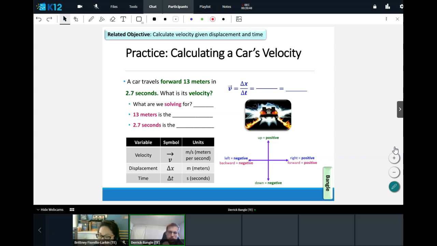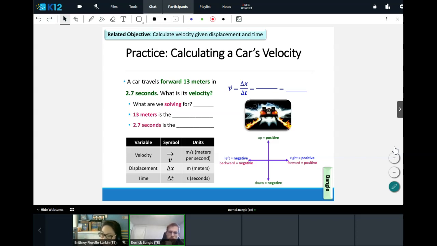Excellent. Thank you, Lexi. We're solving for velocity. And 13 meters is the displacement. Thank you, Lexi. I thought I was talking in direction, but yes, 13 meters is the displacement. So what is the 2.7 seconds representing then? Yeah, time.